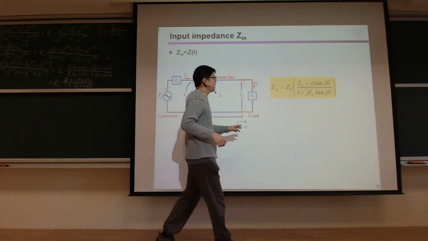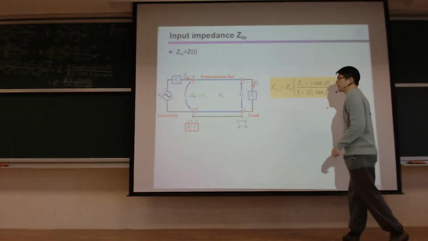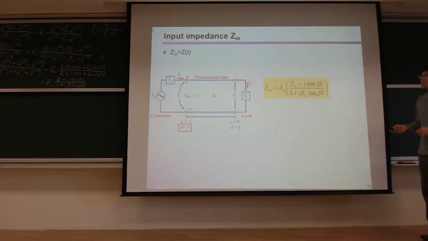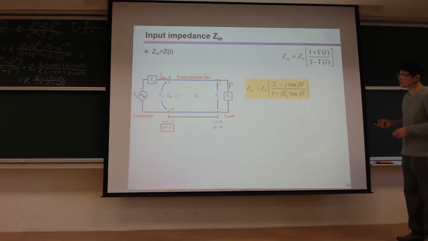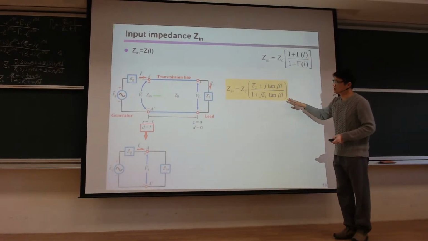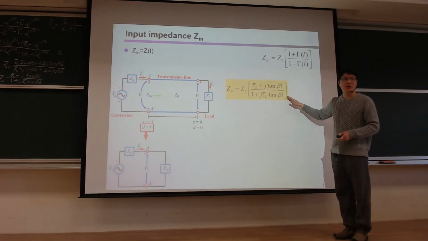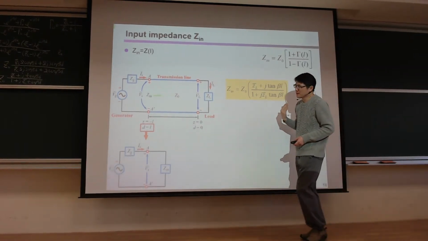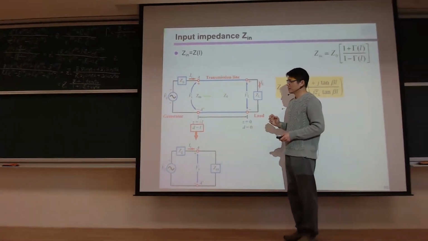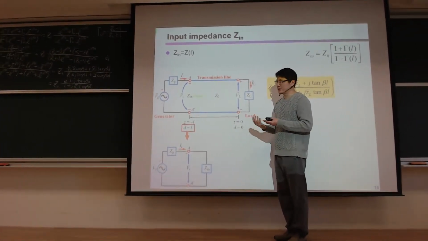All right, so I went over this slide quite quickly last Wednesday, so I want to spend some more time on this. Now we have formally derived the expression for the wave impedance. As I said, our knowledge of the transmission line gradually increased.